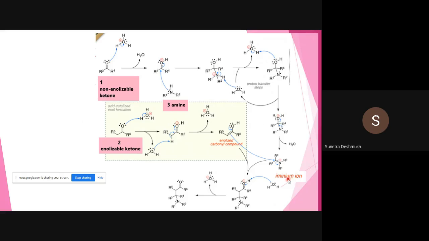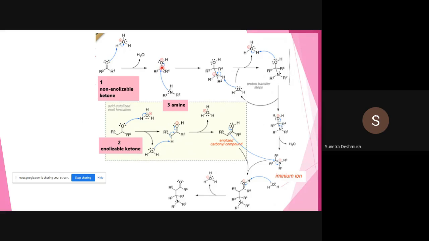The iminium ion we can get from two starting materials. The first is a non-enolizable ketone, maybe formaldehyde, for example, and the second is the amine. As the first step, there is an acid-catalyzed reaction. We expose the non-enolizable carbonyl compound to the acid catalyst, which protonates the oxygen atom.